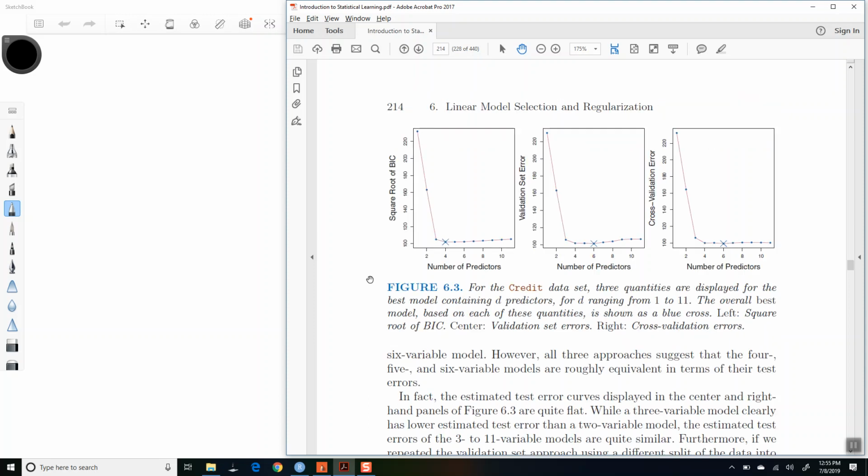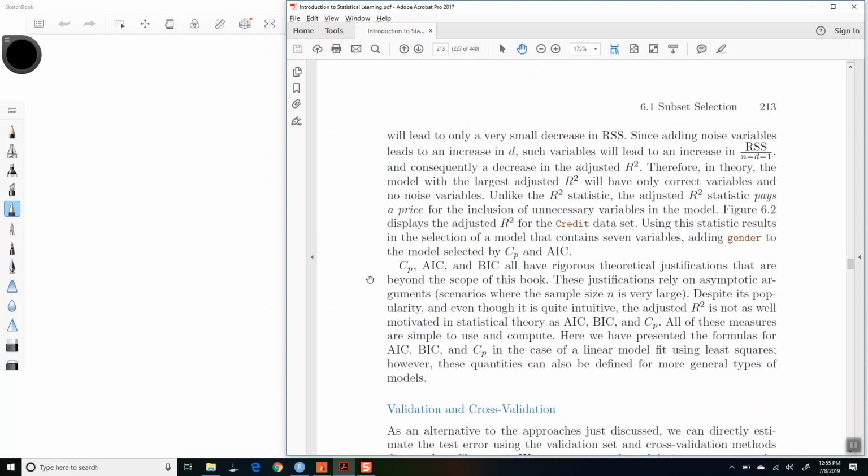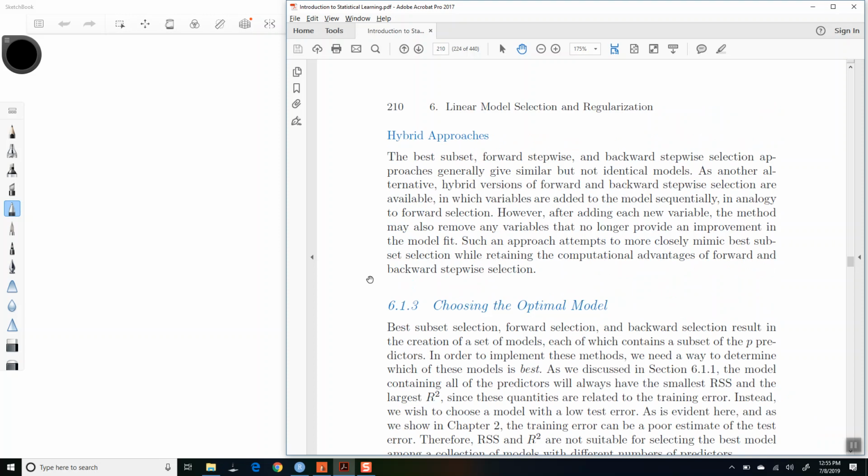Yes, there is mixed selection where you go forward and you go backwards. Let me think. Okay, so let's see. The hybrid approach, forward stepwise and backward stepwise, generally but not identical.